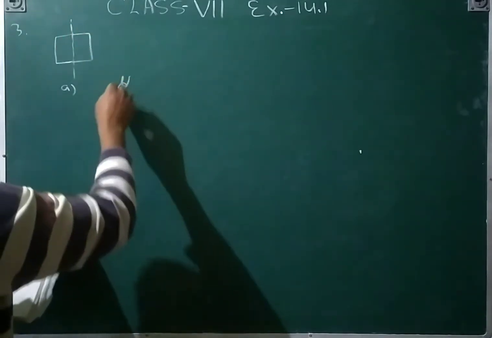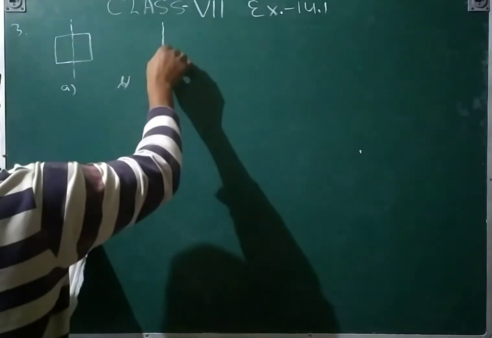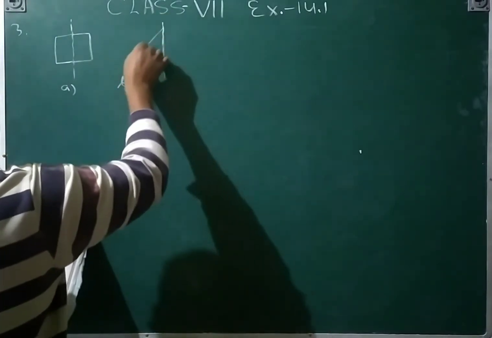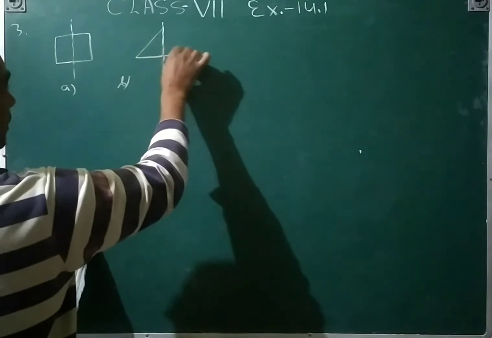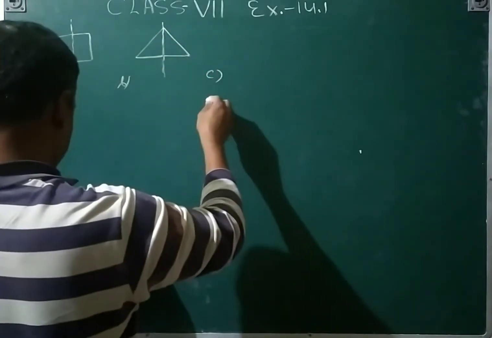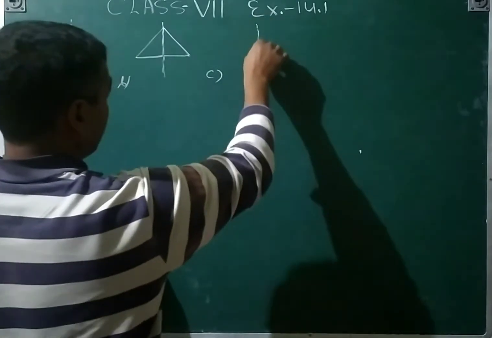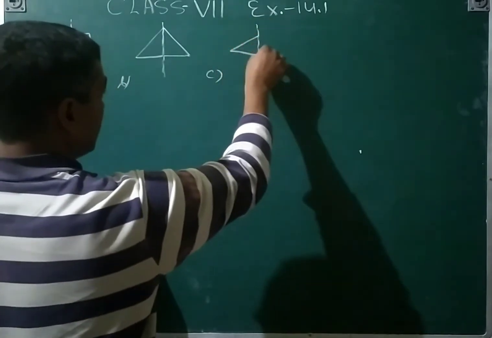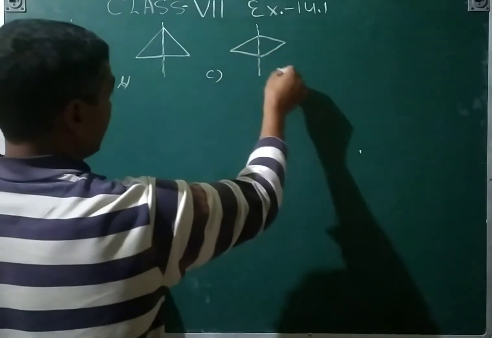B part: one dotted line is here and then one figure like this is given, so it must be like this. C part: this is the reflection line and then this triangle, so it must be like this triangle.